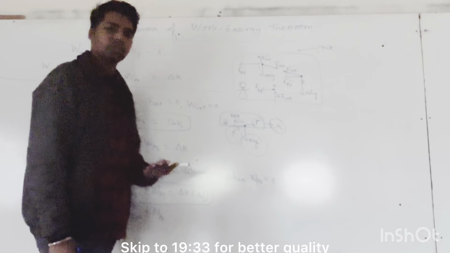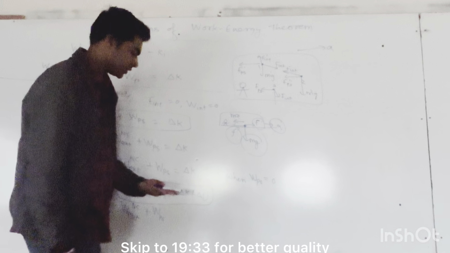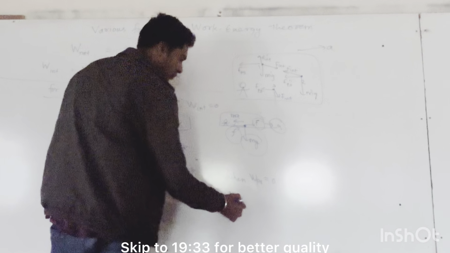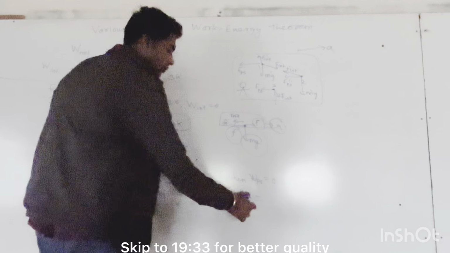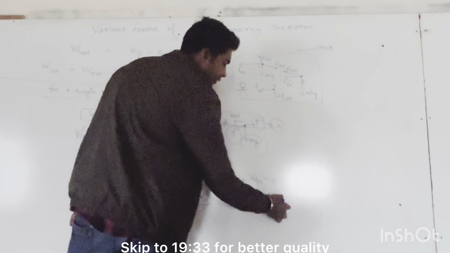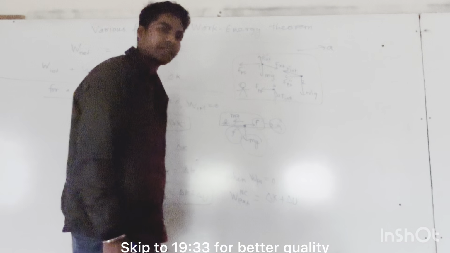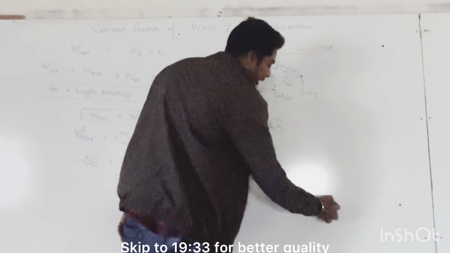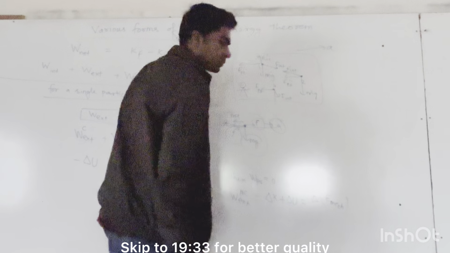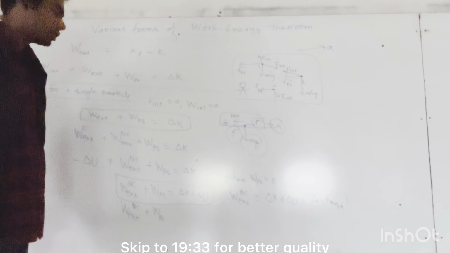Or let's say pseudo force doesn't do any work here. Then also we can write work done by external non-conservative force is equal to net change in kinetic energy plus potential energy, that is net change in total mechanical energy of the system. Okay.